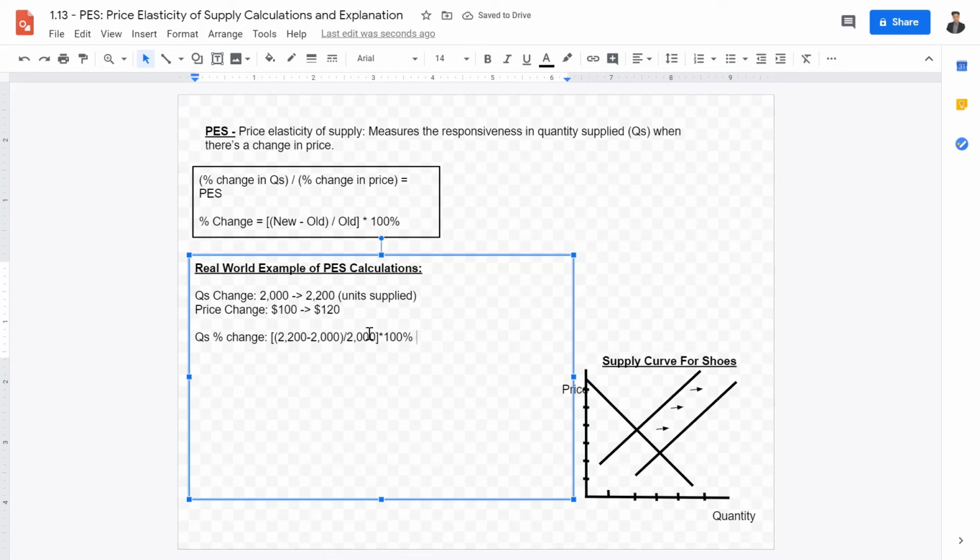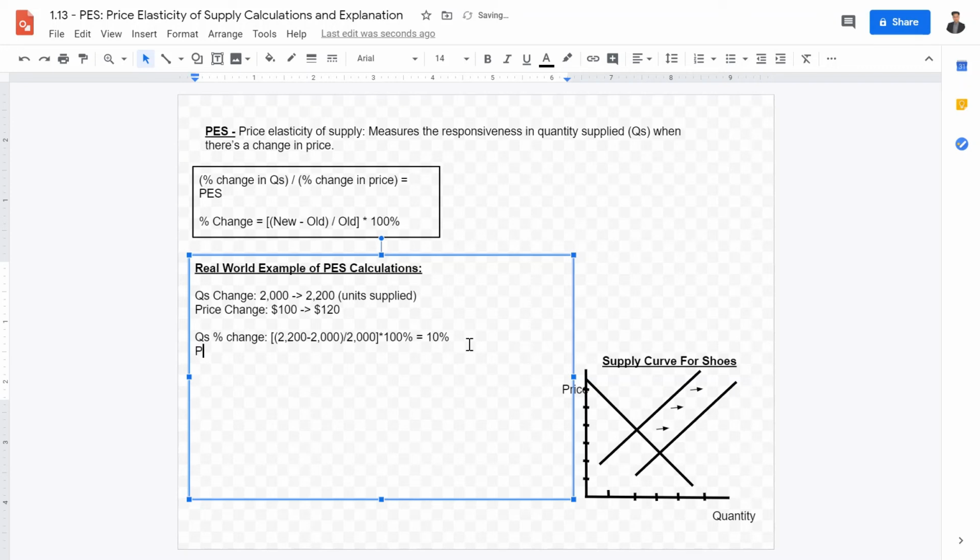Now, take out our calculator. We would get a total value of 10. Okay, that's the QS percentage change, 10%. What's the second thing we have to calculate? The price, right? The price goes on the bottom.